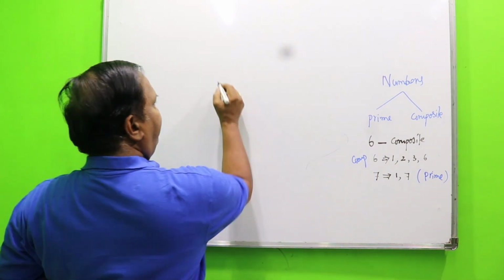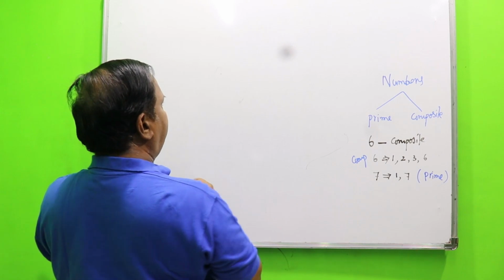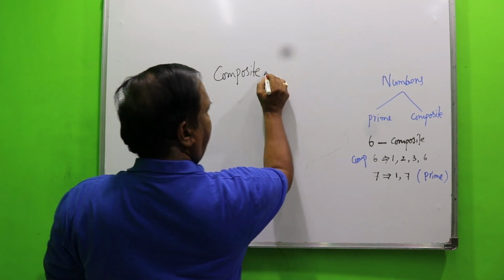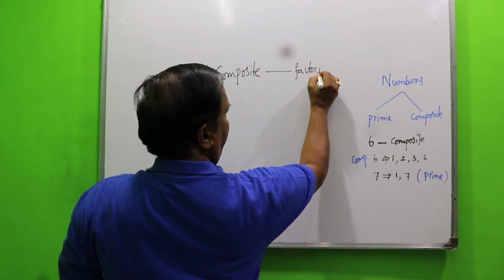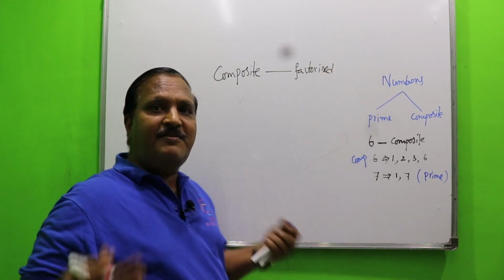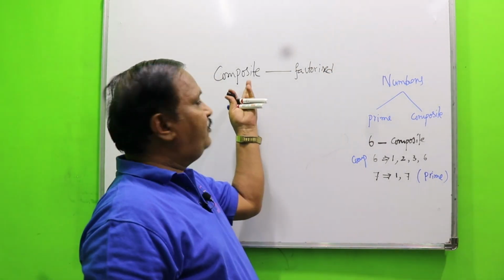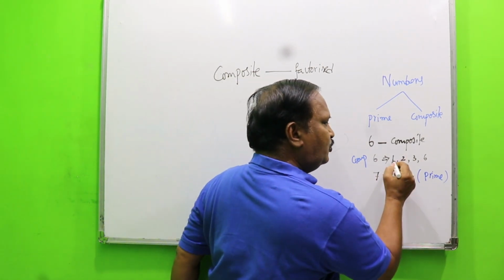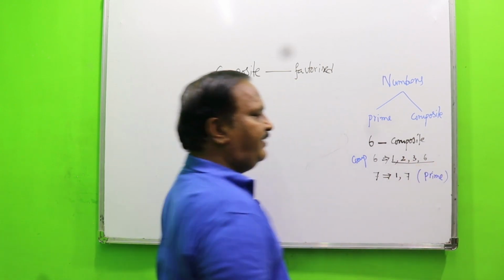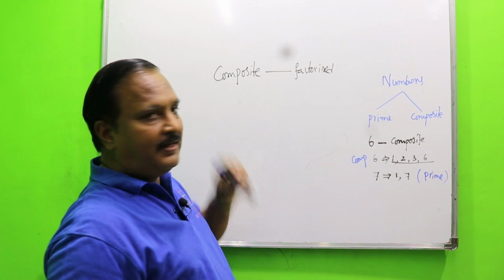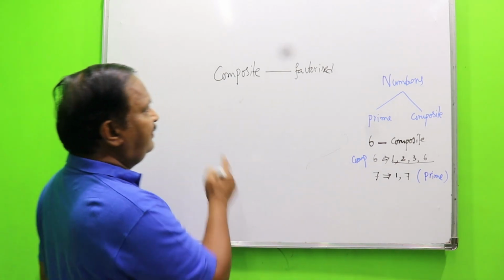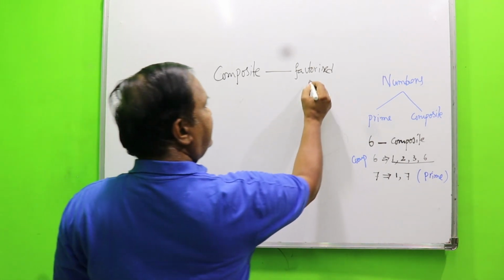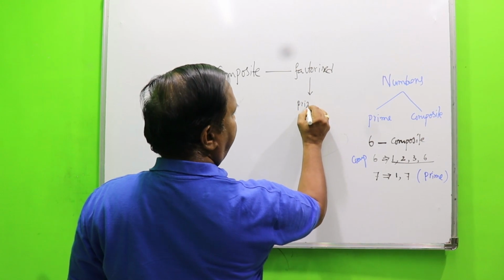Now, every composite number can be factorized because it has more factors. Then only you call that number a composite number, if it has more than 2 factors. So every composite number we can factorize in terms of prime numbers.